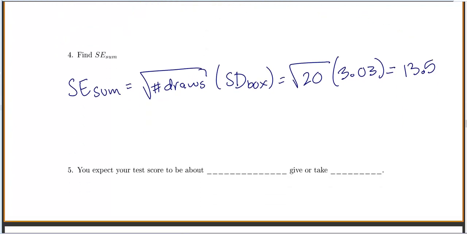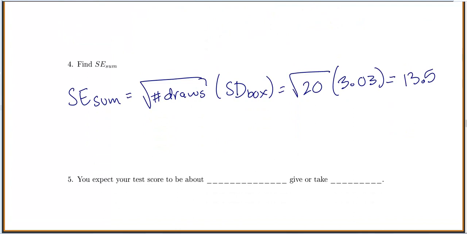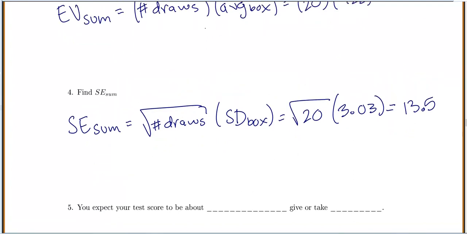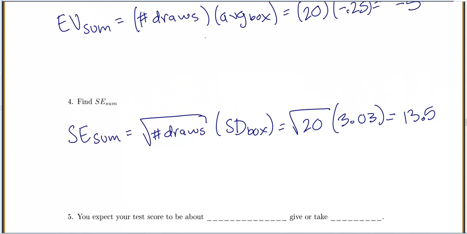So what does this truly mean for us? It means we expect our test score to be about negative 5, because the expected value for the sum is negative 5, give or take 13.5 points.